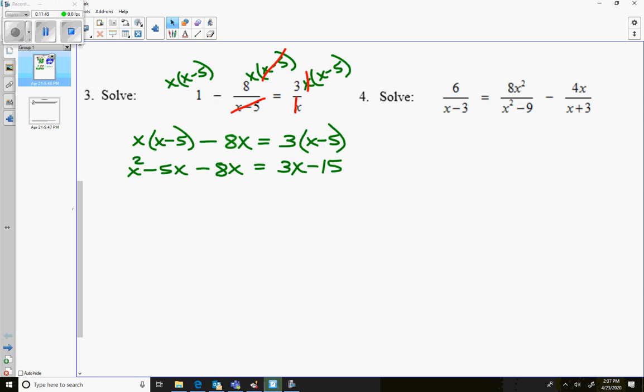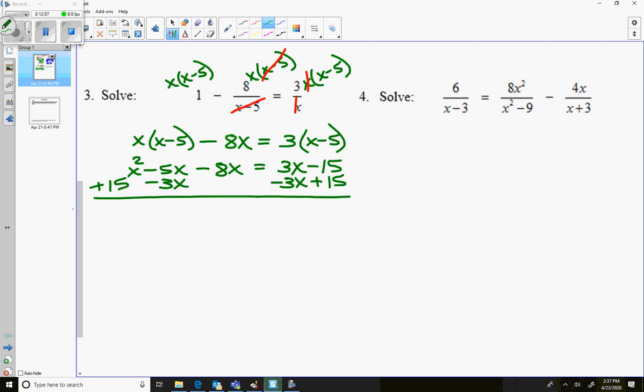Well, preferably by factoring, possibly by the quadratic formula, both of which require it to be equal to 0. So my next step is to subtract 3x from both sides, but also to add 15 to both sides, because I need to make this equal to 0.